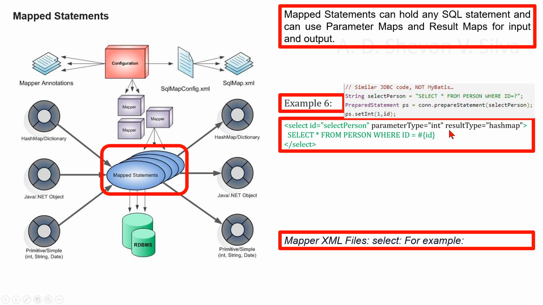Default is unset. Result type, the fully qualified class name or alias for the expected type that will be returned from this statement. Note that in the case of collections, this should be the type that the collection contains, not the type of the collection itself. Use result type or result map, not both.